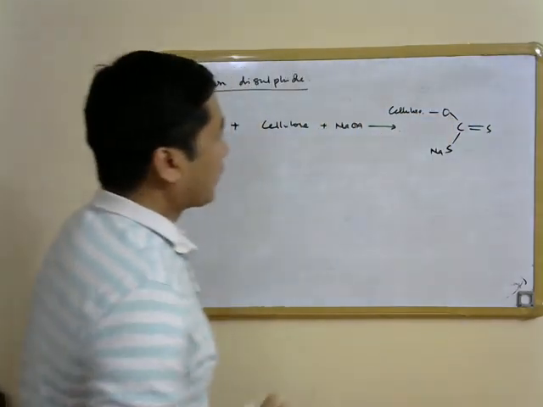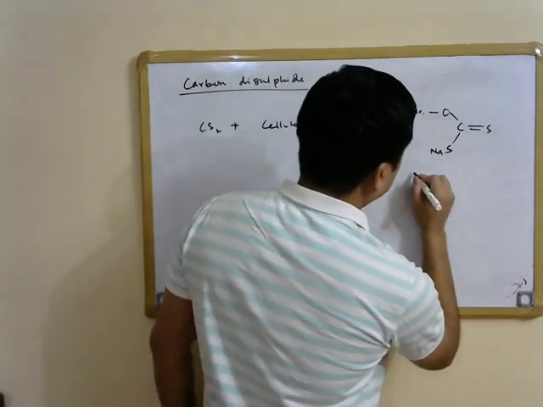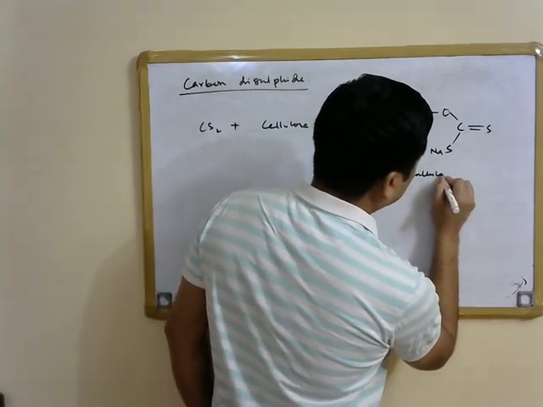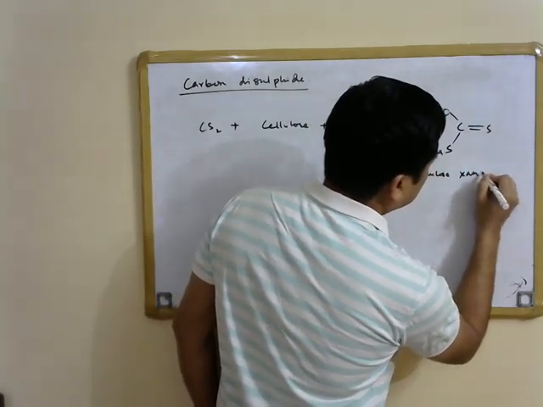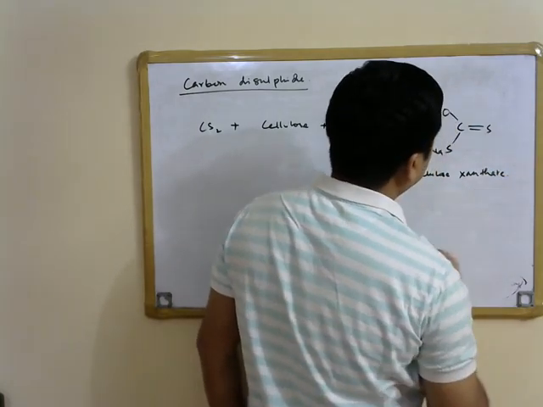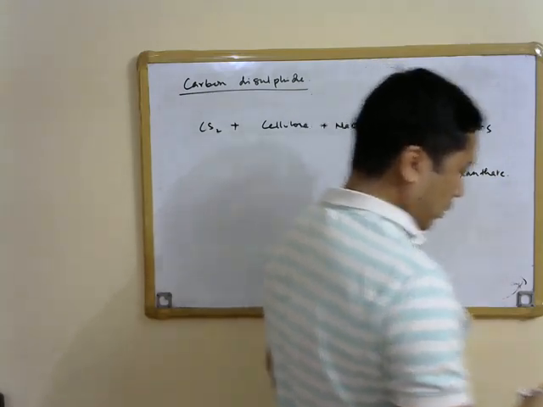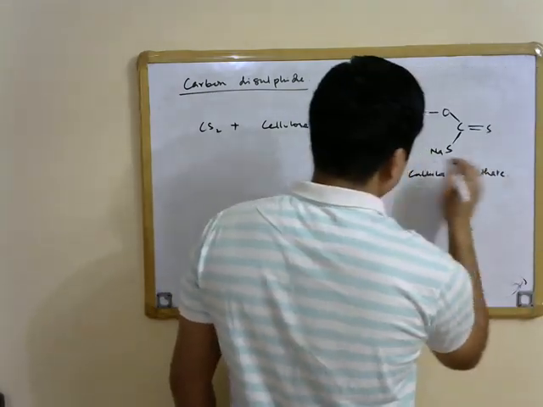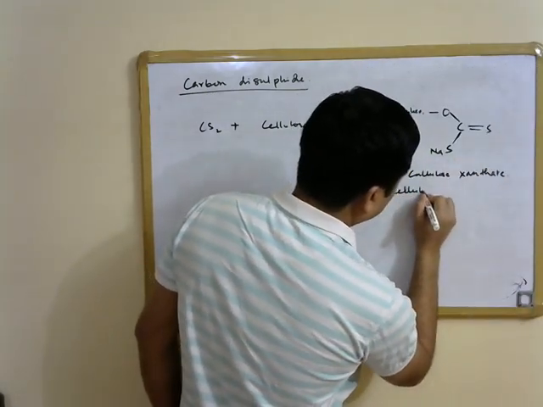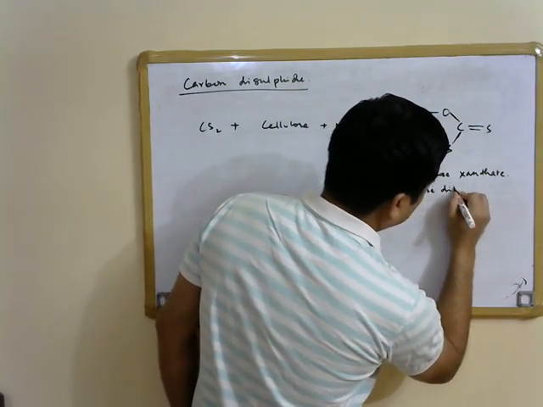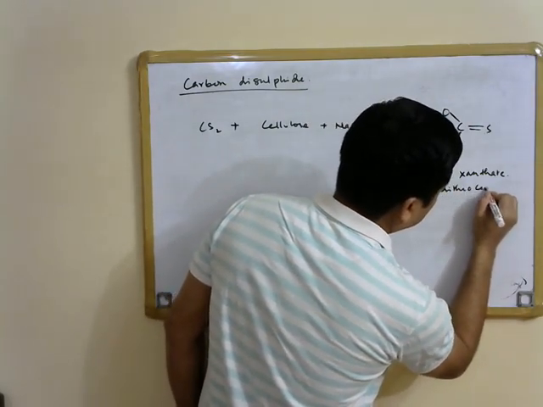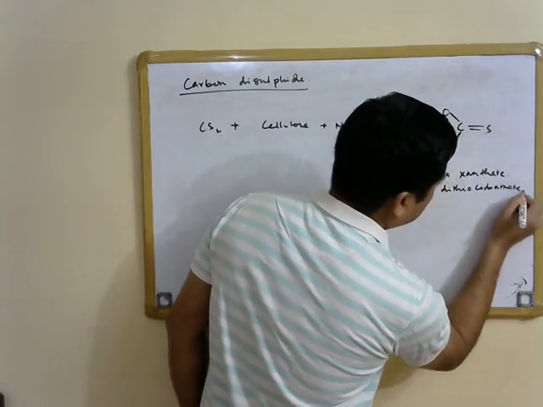in this way, and we call this cellulose xanthate, or cellulose dithiocarbamate.